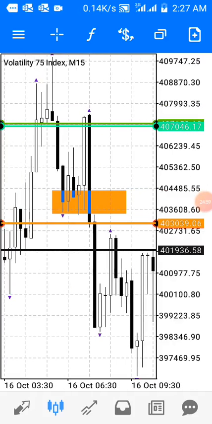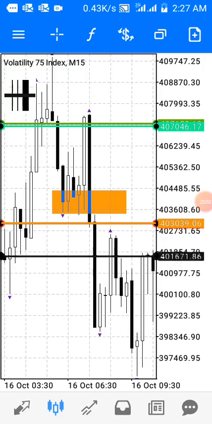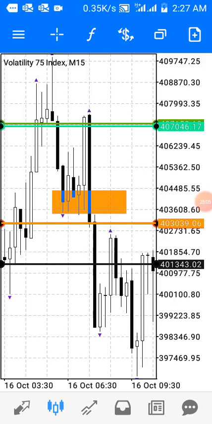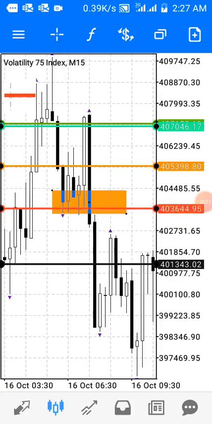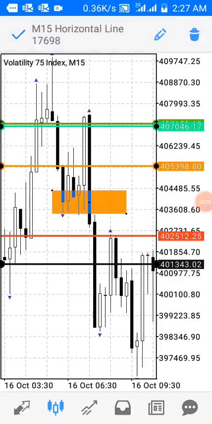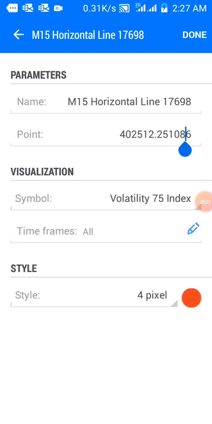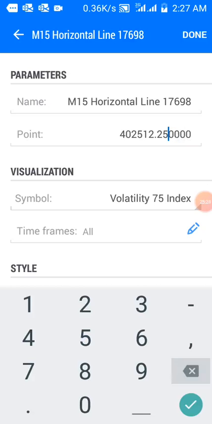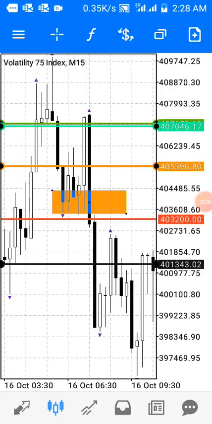Okay, so you have 2,500 points. Measure 2,500. Now when you have 40, the initial entry order, 403200, as our initial entry order.